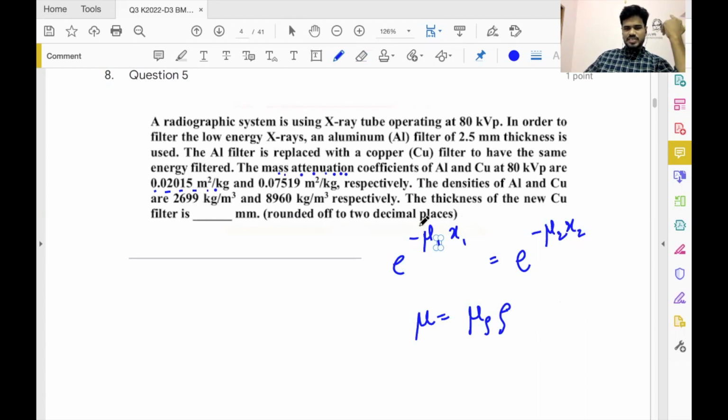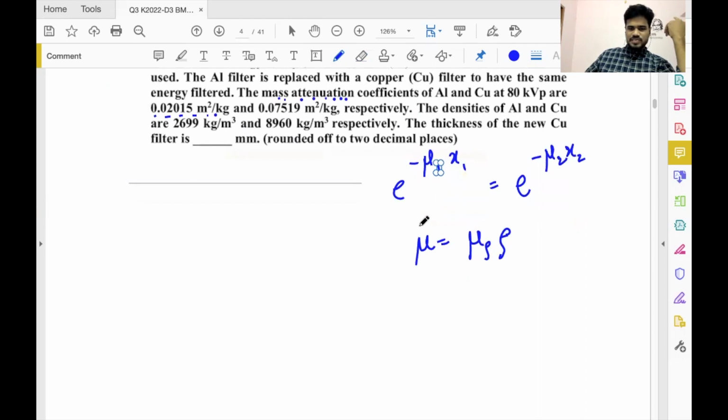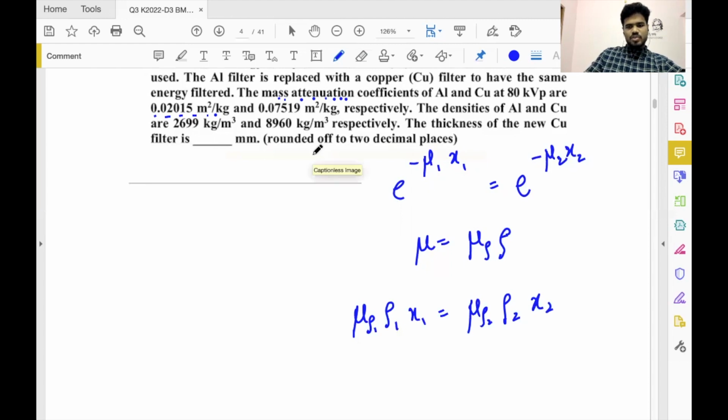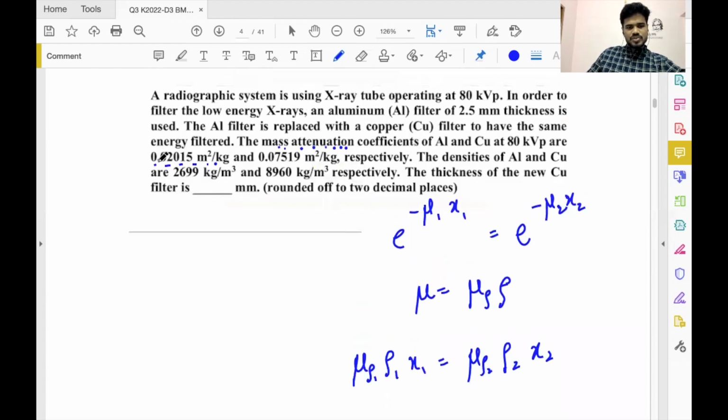So for this relation, at the end of the day, what we want is just mu1 x1 is mu2 x2. So mu over rho1 x1 is mu over rho2 x2. Okay, the mu's and rho's are given over here. So we have mu over rho1, mu over rho2, we have rho1, rho2, and x1 is given. You can find the other.